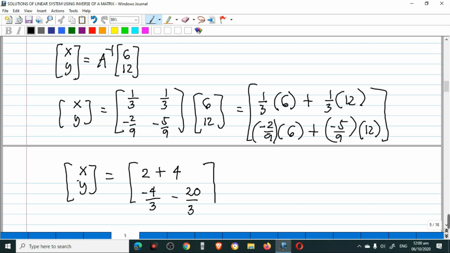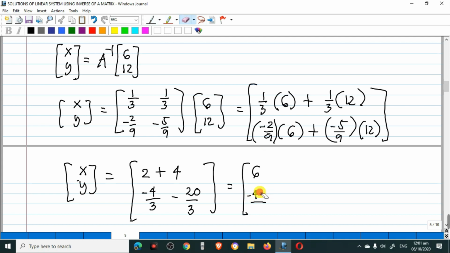Okay? Basic simplification only. You can solve the basic simplification of this. So this is now equals to 2 plus 4, this is equals to 6. And the LCD is 3. And negative 4 minus 20.